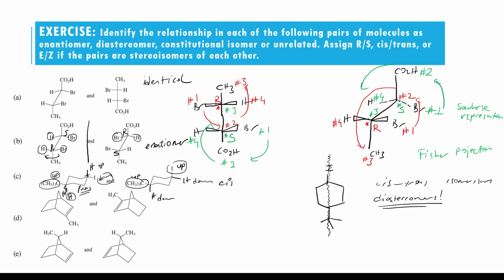In option D, let's clear some space here. Okay, we have here an alkene.